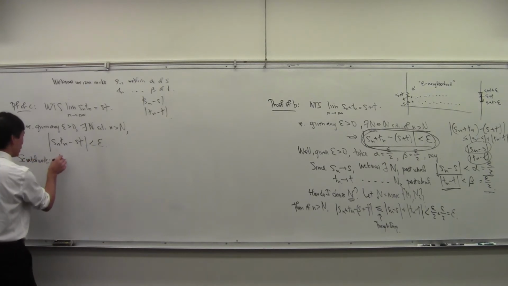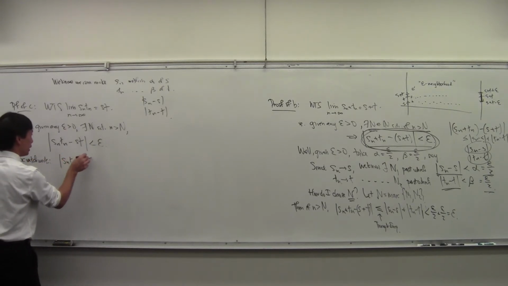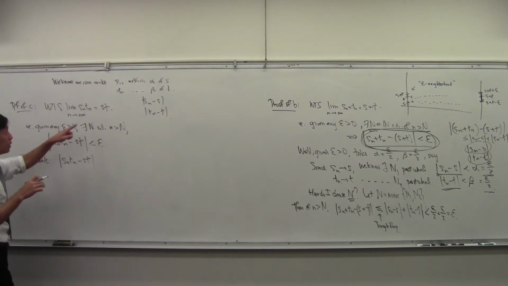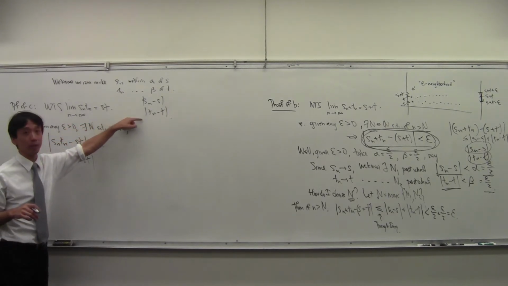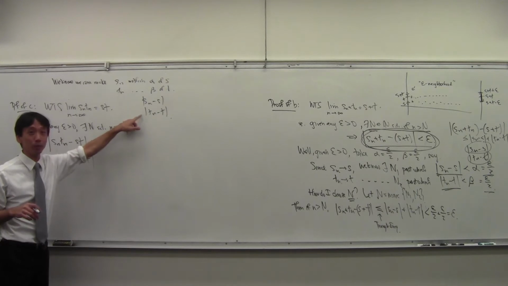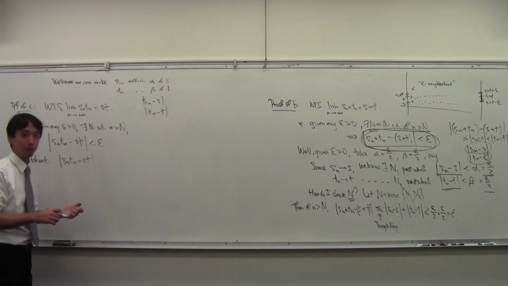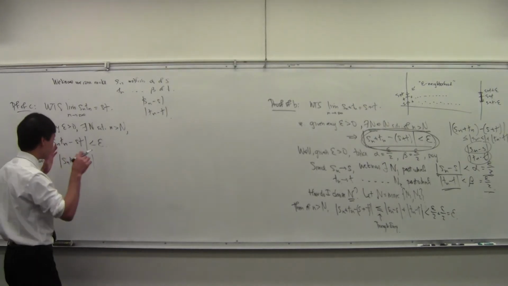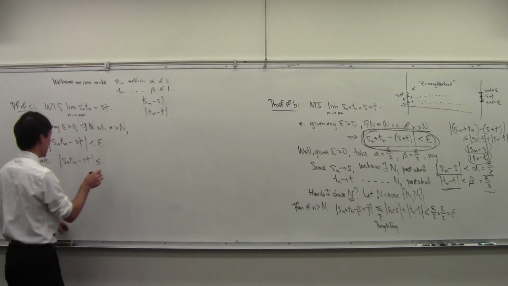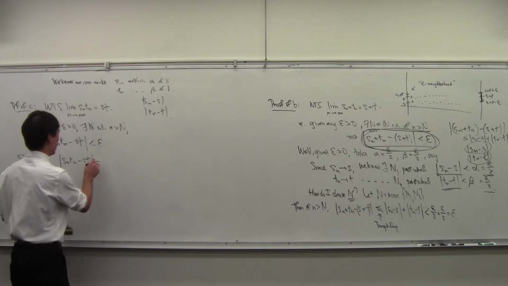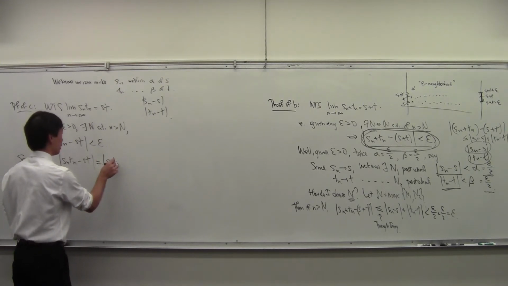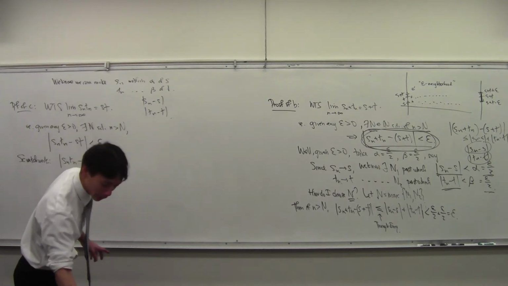You say, well, look, SnTn minus ST. I want to control that thing using these guys. These are my only tools, so I'm going to force those tools in there. They're not there, but I'm going to bring them in.